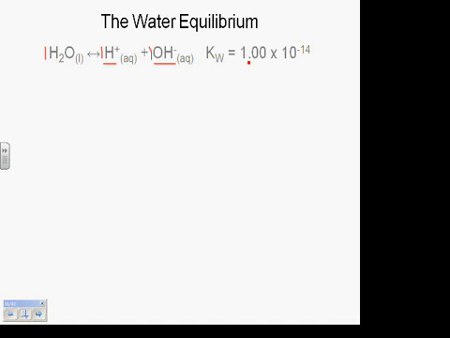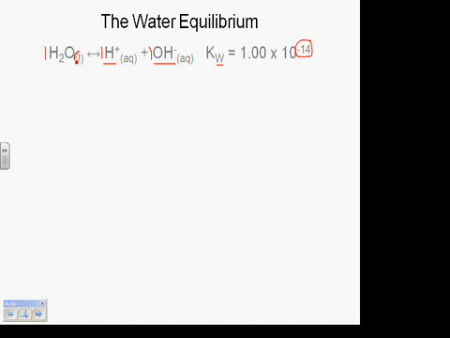It doesn't happen very much. The equilibrium constant for this is 1 times 10 to the negative 14th. That's a very, very small equilibrium constant, and we call it Kw because it's the equilibrium of water. We get the special letter W. Now, this is actually a heterogeneous equilibrium, kind of like a solubility equilibrium.